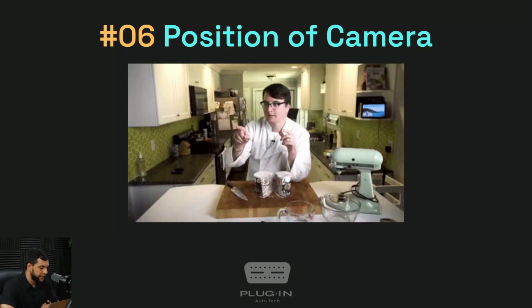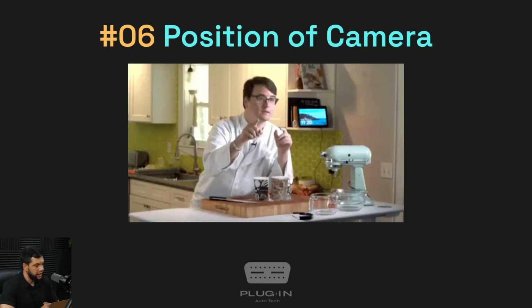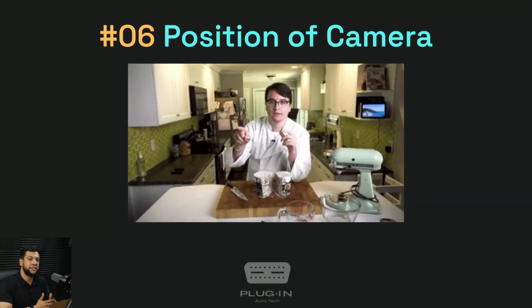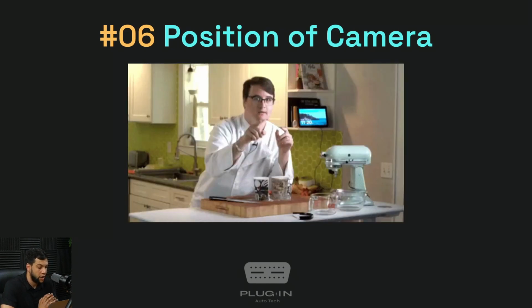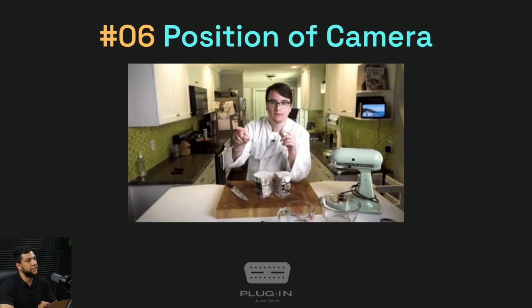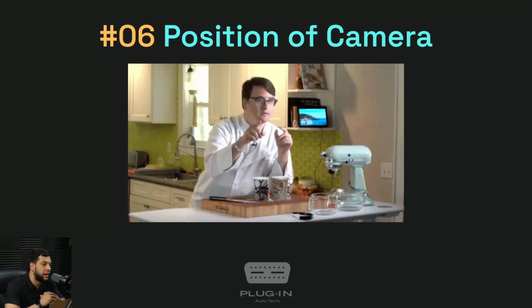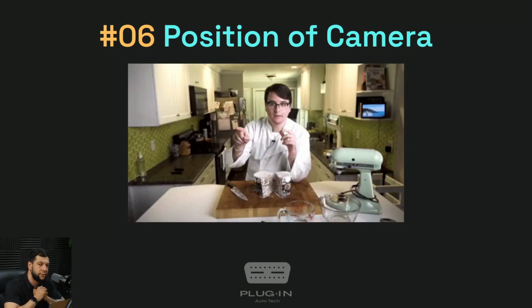The next thing is, if everything else you checked is good, now it's time to check the position of the camera. And this is something that does not always depend on the technician who is performing the calibration, but mostly depends on the technician who replaced the windshield.